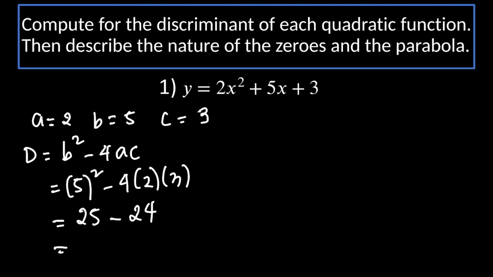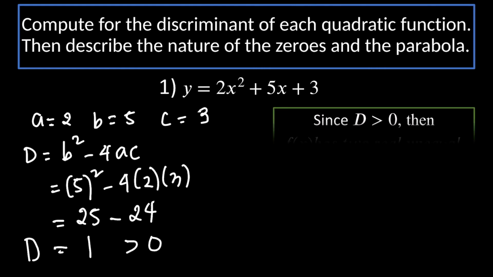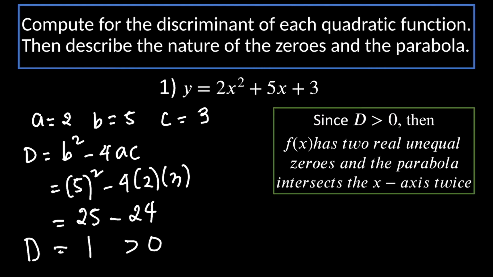So we have 25 minus 24 is 1. The value of D is equal to 1, which is greater than 0. Since it's greater than 0, the quadratic function has two real unequal zeros and the parabola intersects the x-axis twice.